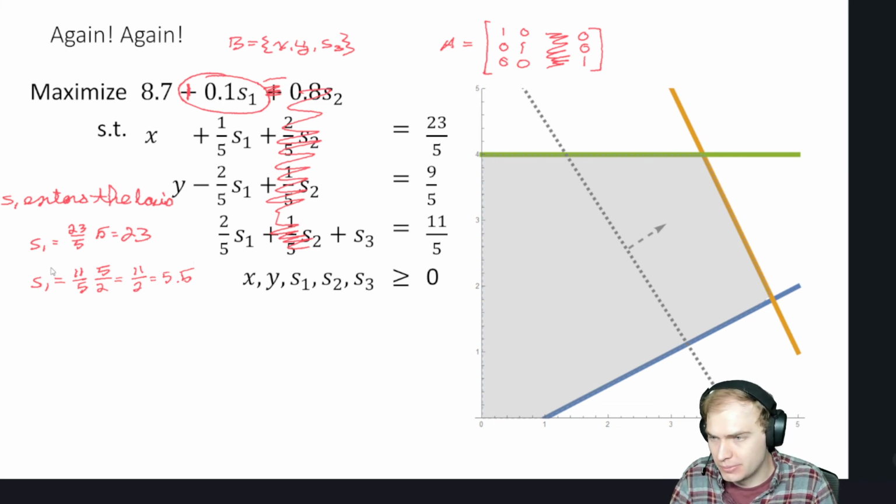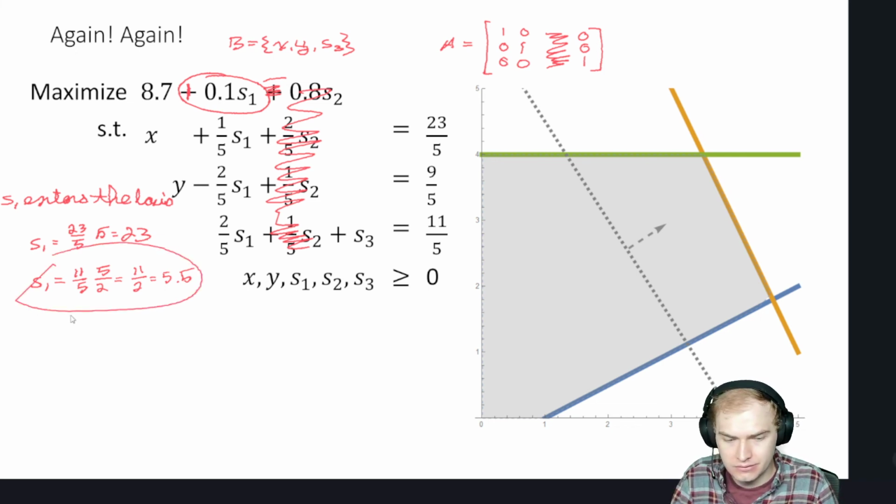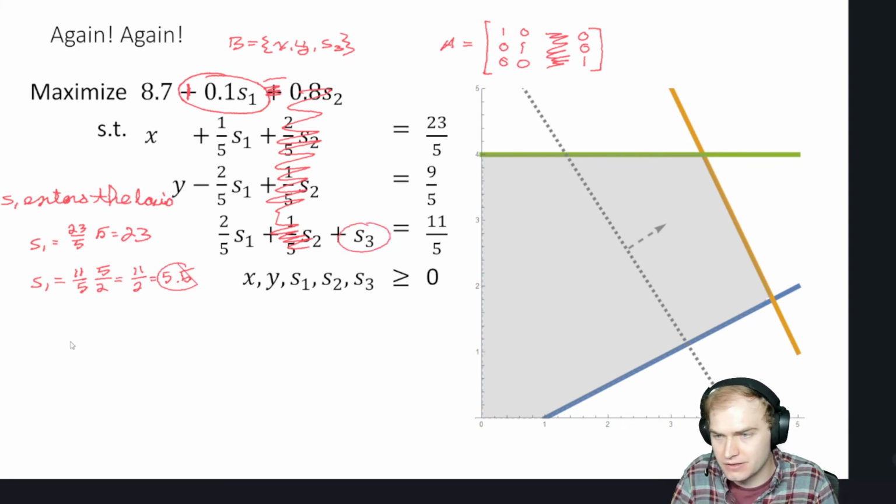So we're going to pick S1, and we're going to knock out S3. So our new basis is x, y, and S1.